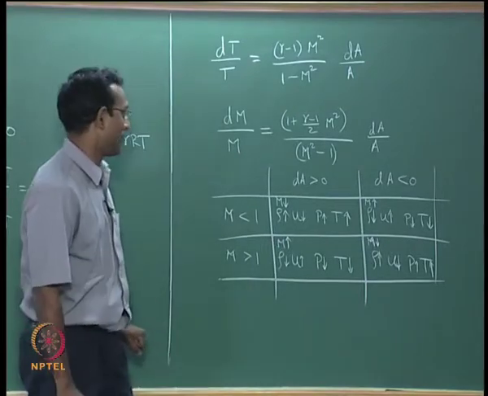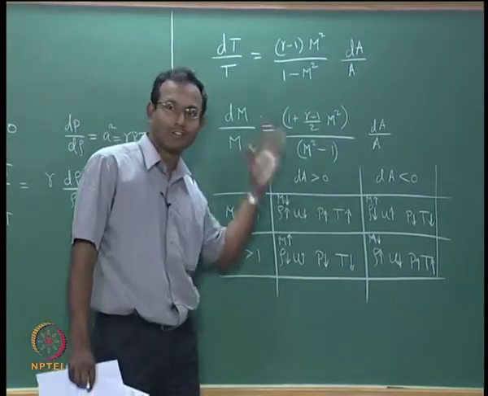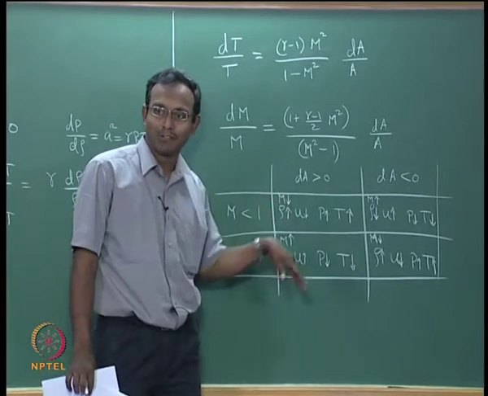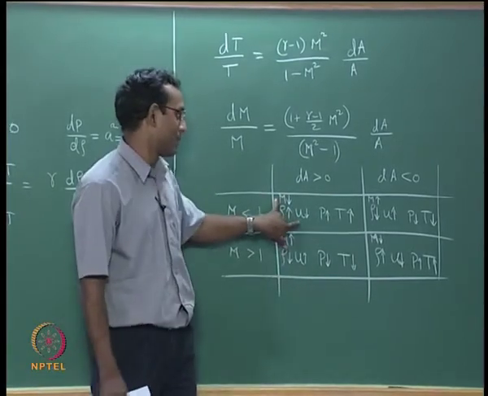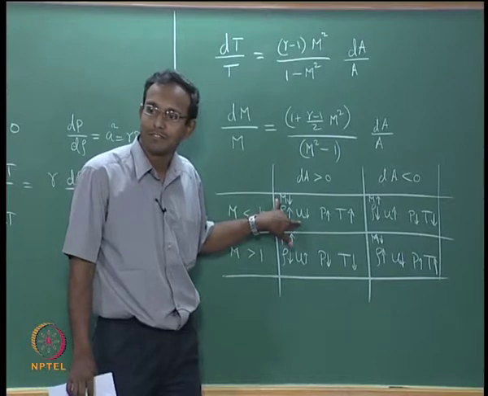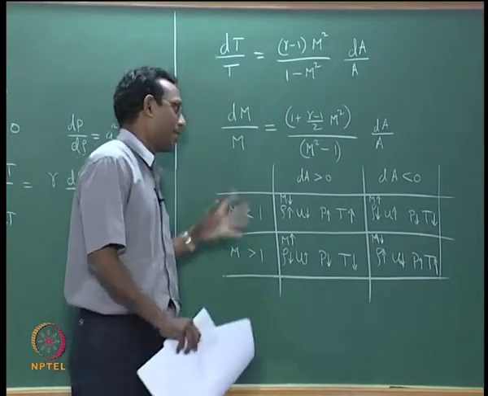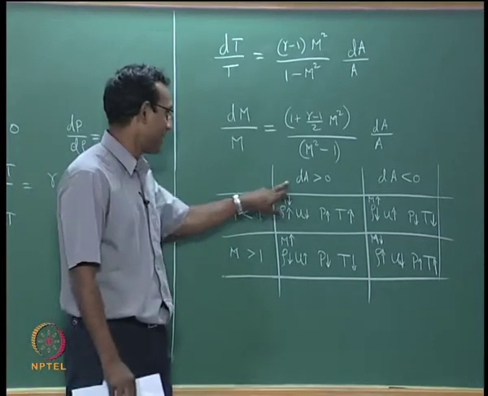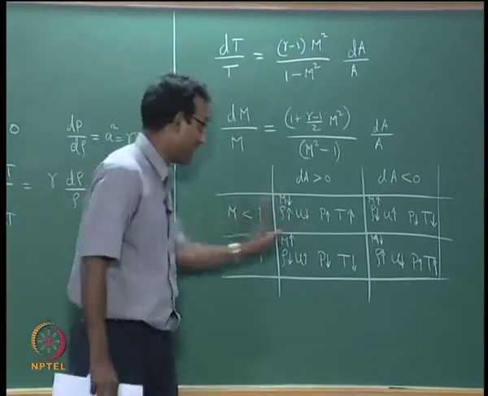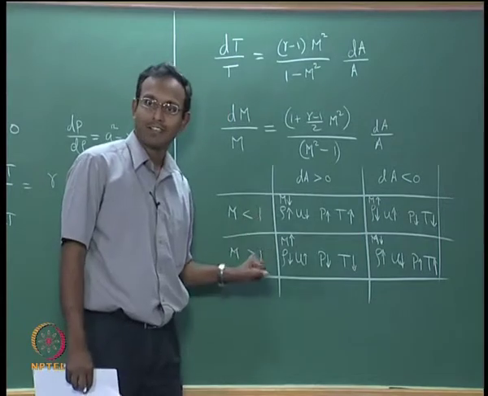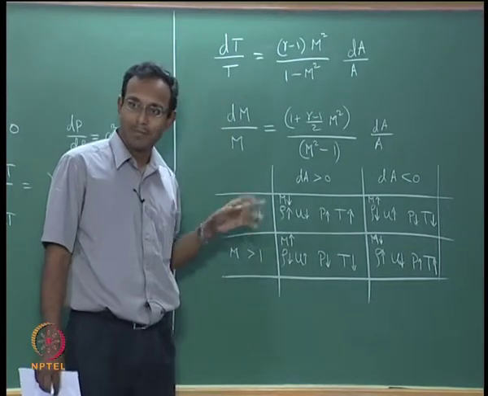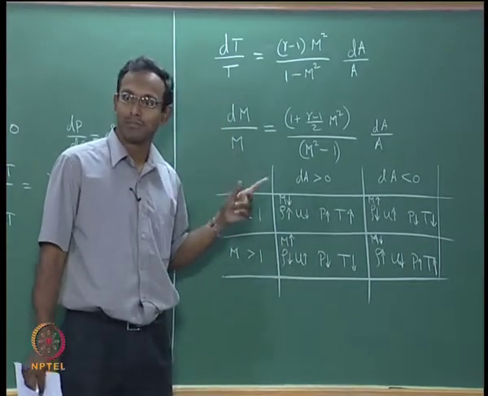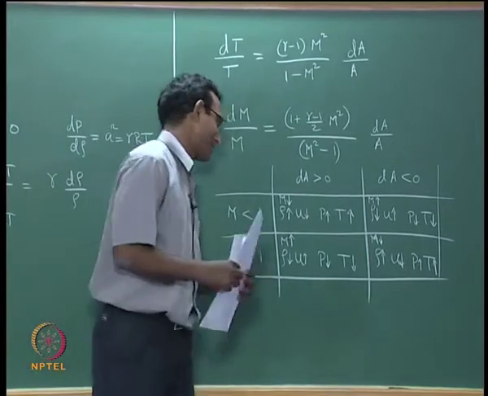So, an easy way to remember: P, rho and T, whatever is in your P equals rho R T, they are all going to go one way, and the flow related things, Mach number and velocity, will go the opposite side. Now, you just need to remember only one thing: how does Mach number vary when I change area? If you remember that, you can tell anything else, because you are remembering the other statement, P, rho and T go opposite of U and M. That is an easy way to remember things.